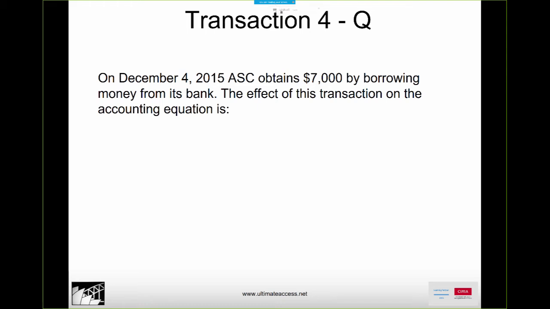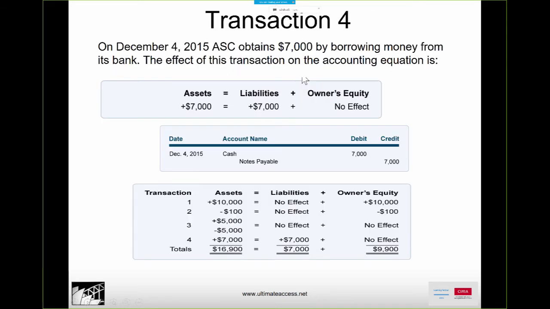Now liability, we have 7,000. Asset, we have 7,000, right? You can see there is no impact at all. Why? Because the debit is there on the cash account. Credit or a liability is there, payable account, right? It's not impacting the owner.